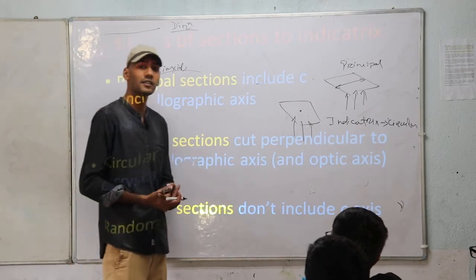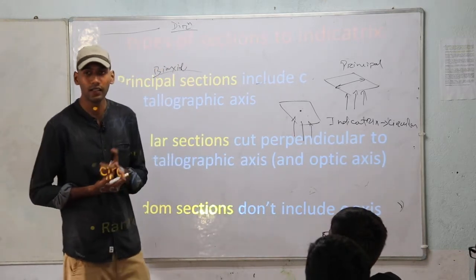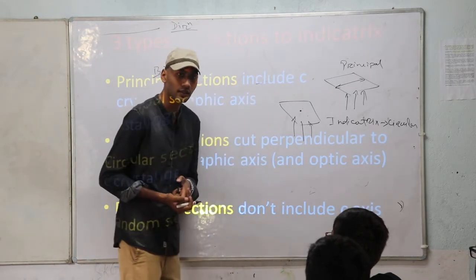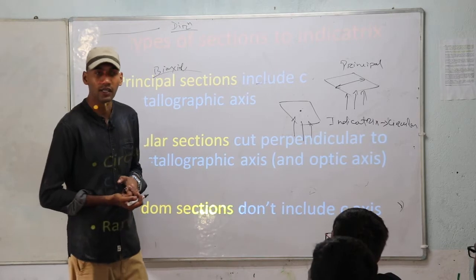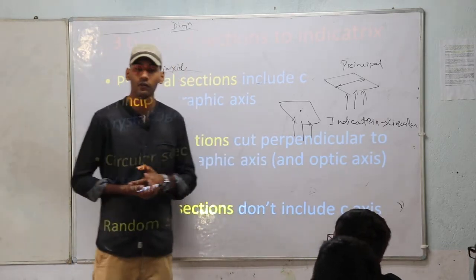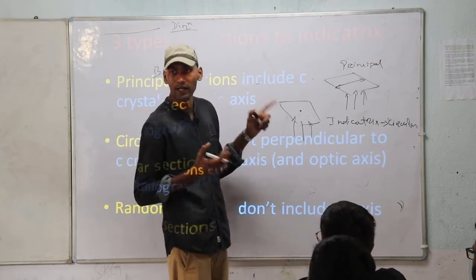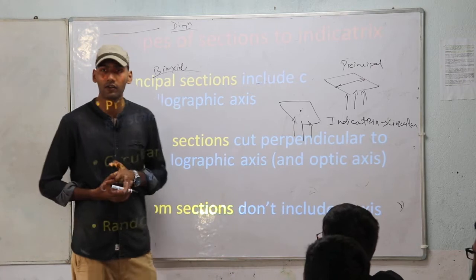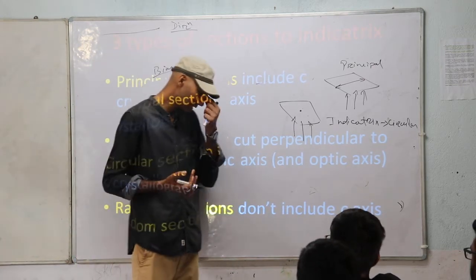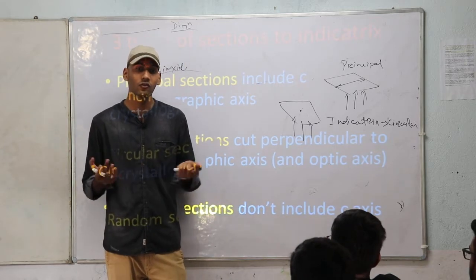So they can ask you that, or someone can ask what interference color you are watching in the basal section of quartz or the basal section of zircon. Zircon is tetragonal. So in the basal section of zircon, what kind of interference color are you going to view? You may think, how can I remember that zircon is a mineral, and there are so many minerals?